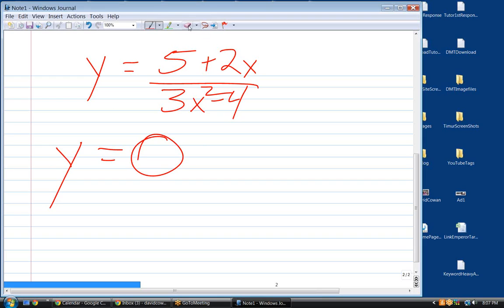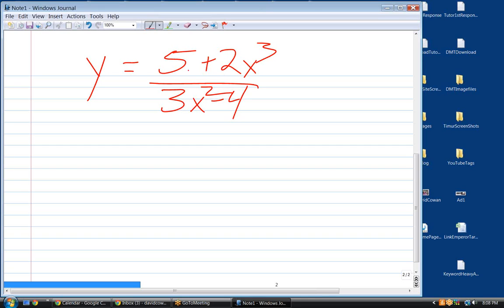There's one more. And that is if the highest degree is greater by 1 in the numerator than it is in the denominator, then you don't have a horizontal asymptote, you have an oblique asymptote. Have you had those? No. Well, this situation is exactly that. We've got x squared in the denominator, x cubed in the numerator.